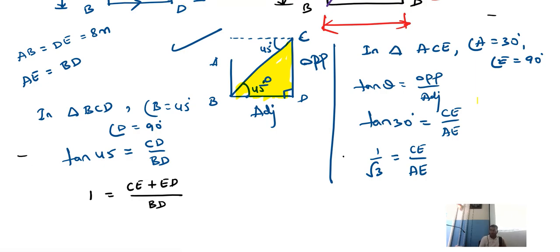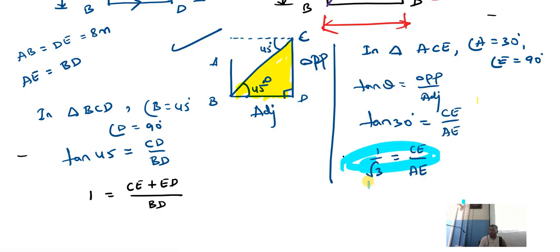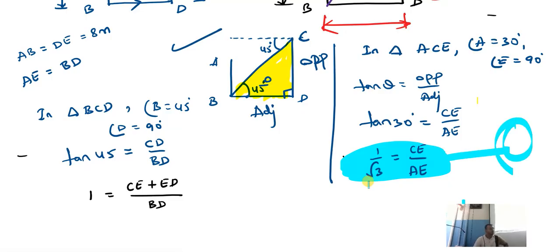Correct? Now, please observe this side and try to match this value similar to this equation. अब इसके भी values को जरा match करेंगे बेटा. One as it is. Do you know the value of CE? No, sir. What is ED?